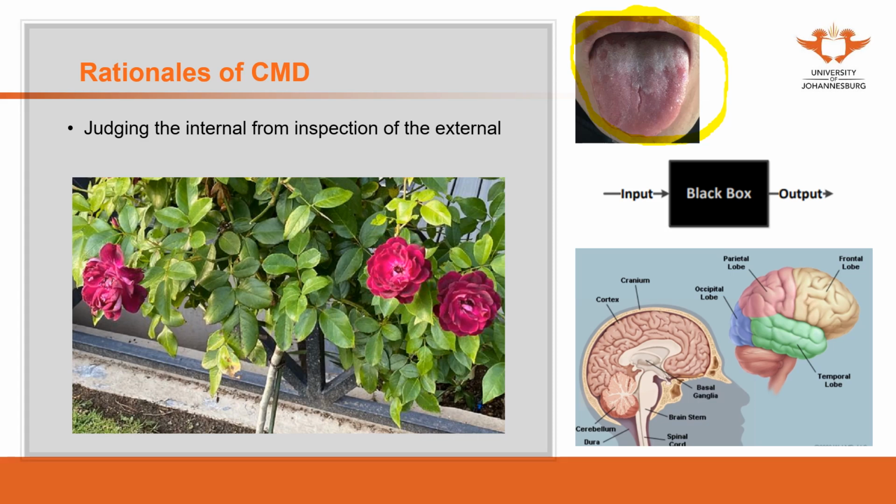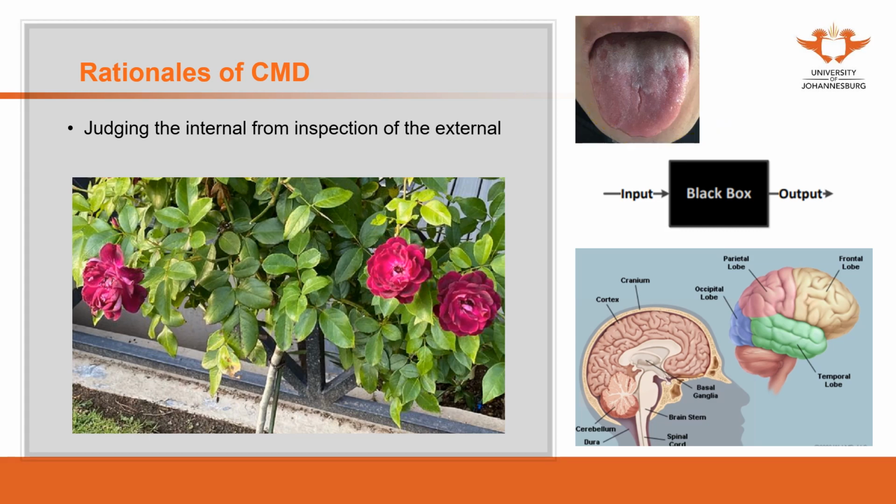You can see the color of the tongue, one crack in the middle, and also the coating at the back of the tongue. When we see all these signs, we need to think about what happens to the internal organs.